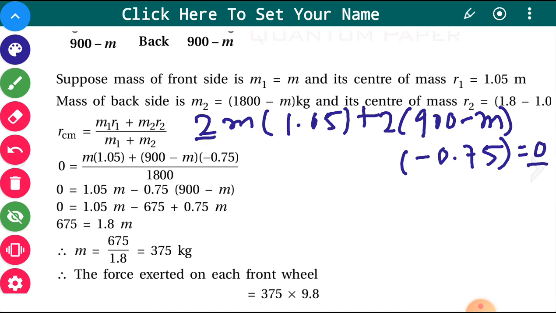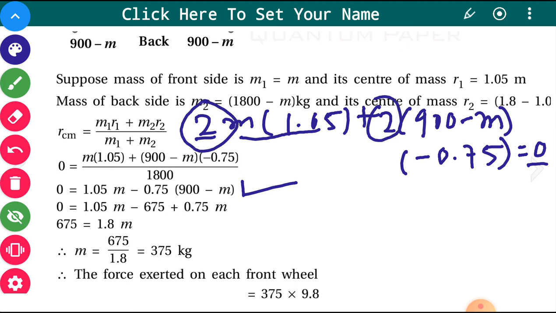So now you will have 1.05 m minus 0.75 times (900 minus m), because 2 is going into the denominator.